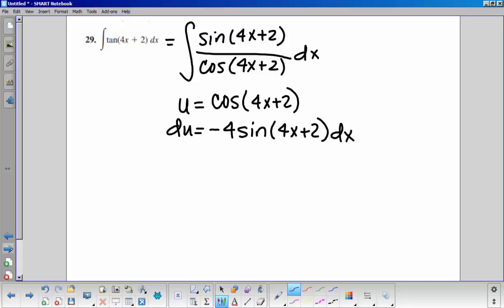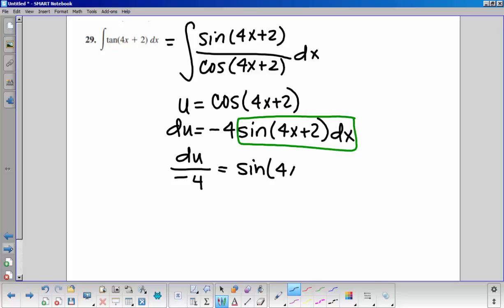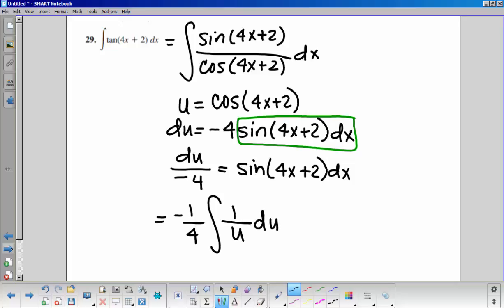Now what do we have in the integrand? Sine 4x plus 2. So we're going to solve for this by dividing by negative 4. So this is du over negative 4 equals sine of 4x plus 2 dx. So on the outside of the integral, we get negative 1/4 times the integral of 1 over u du.